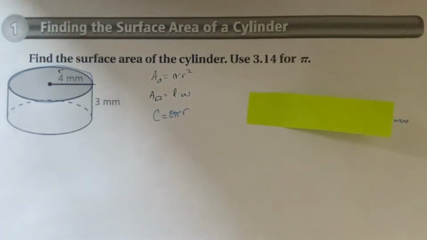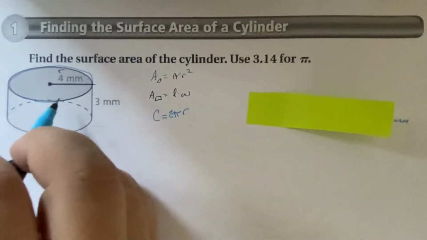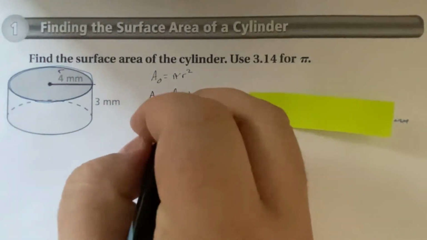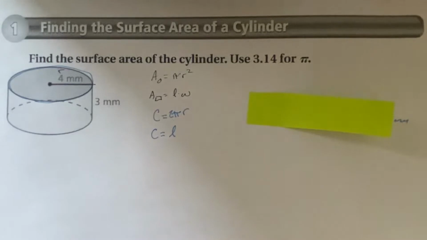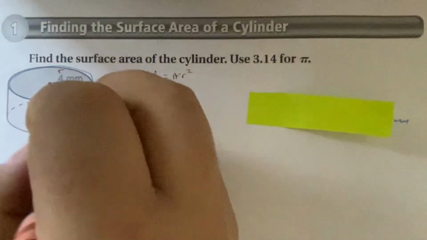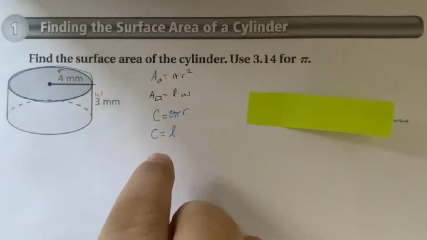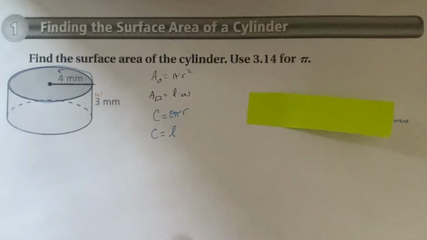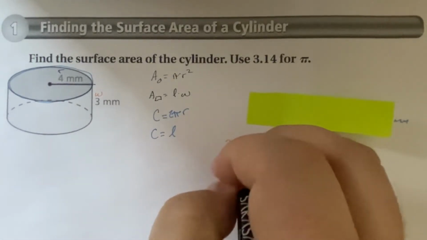So I now have all the numbers I need in order to figure out what in the world is going on, because this r is going to help me find the circumference, which is actually our length. So I can also say this, and then we already have our radius and we already have our width. So let's get to it. All right, we're going to start with 2 pi r. Well, we know 2 pi times r.